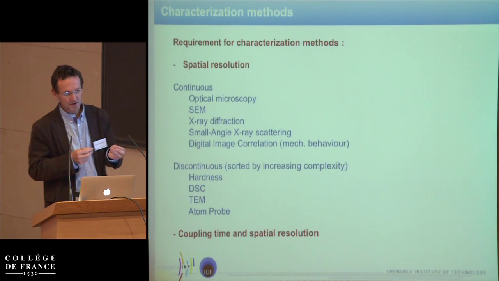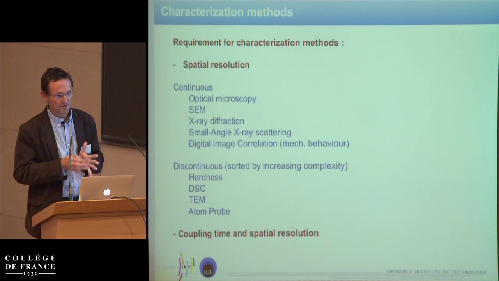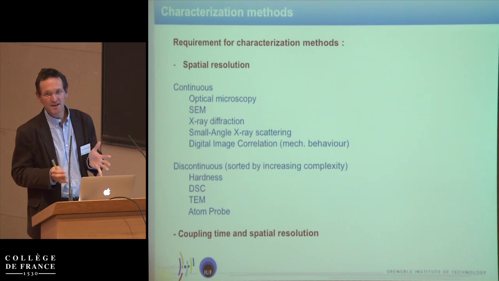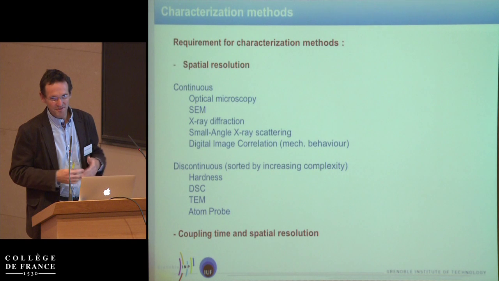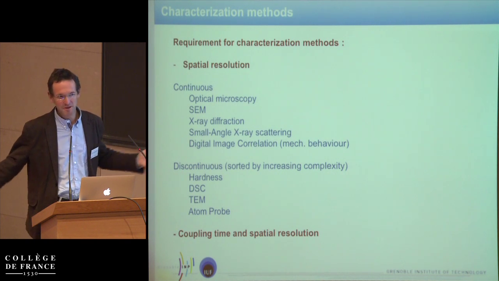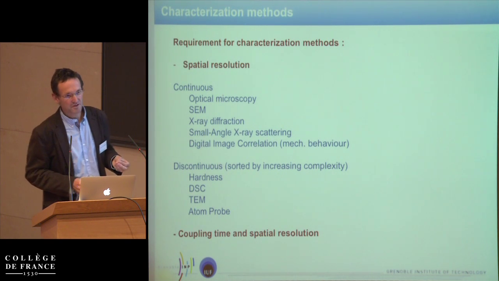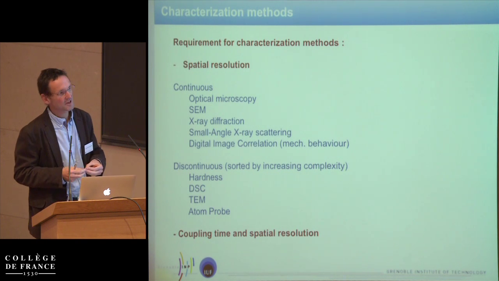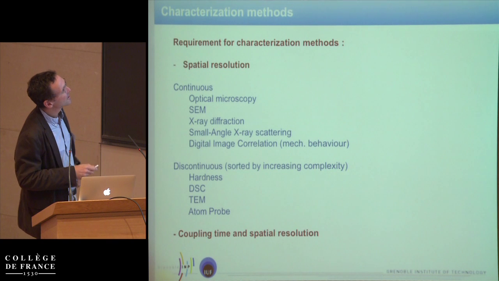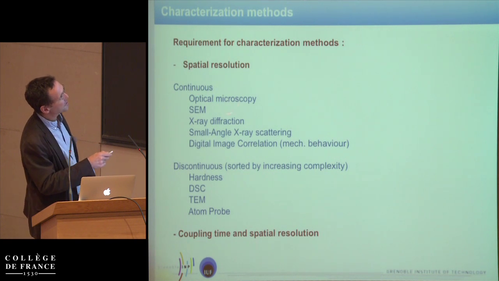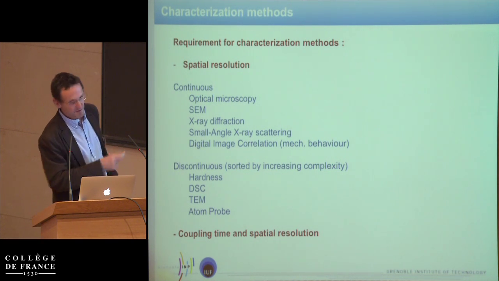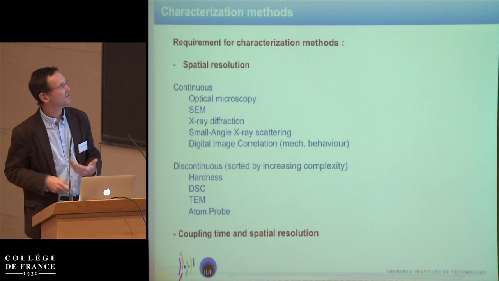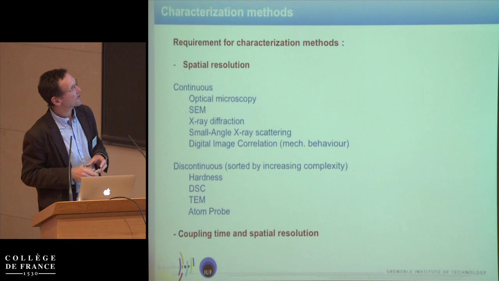Of course there is a matching of scales here. If you have a characterization method with a resolution of 1 millimeter, then you need a diffusion couple on the scale of 10 or 20 or 50 millimeters to get something reasonable. If your resolution is 10 nanometers, then you can have a much more reduced chemistry gradient. All microscopy, especially optical and SEM, can give you a continuous image of your microstructure, but only for quite large features.